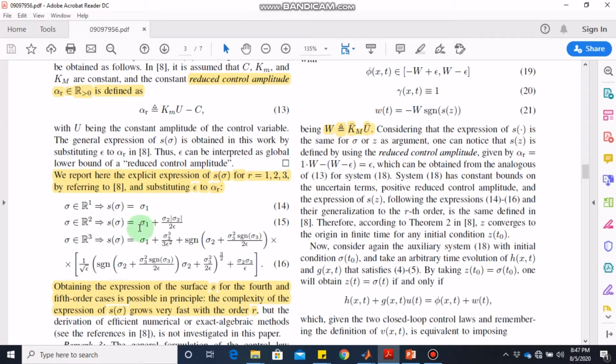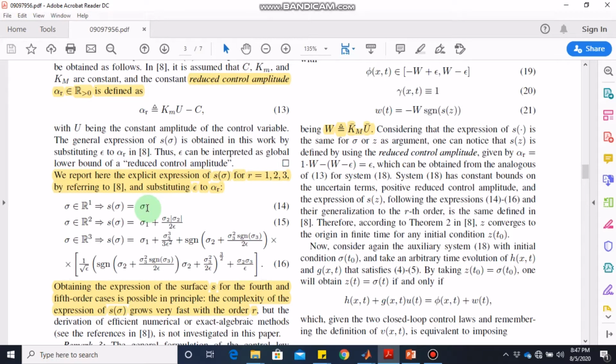So if there is a single sliding surface, which means the relative degree r of the system is 1, then this is first order sliding mode control, which means that S of sigma is simply equal to sigma 1, the sliding surface.